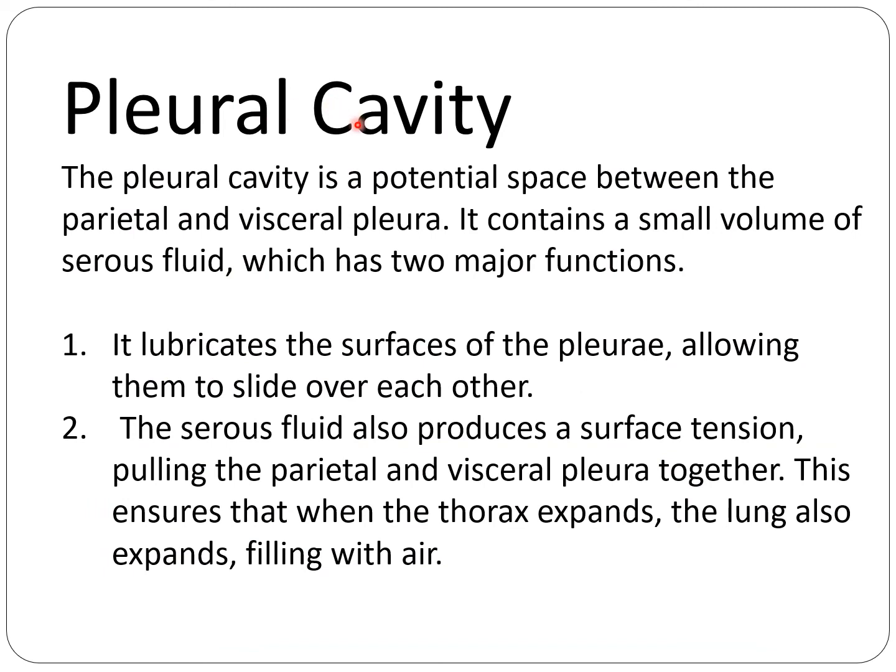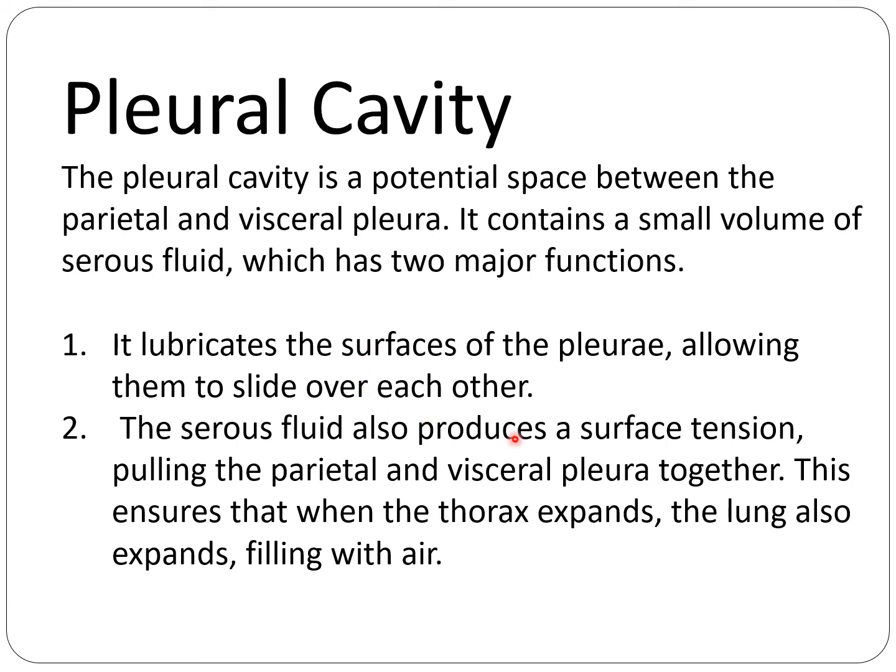Coming to the pleural cavity. What is the pleural cavity? It is a potential space between parietal and visceral pleura. It contains a small amount of serous fluid. This serous fluid has two major functions. One is the lubrication of the lung surface so that the surfaces slide over each other during respiration.